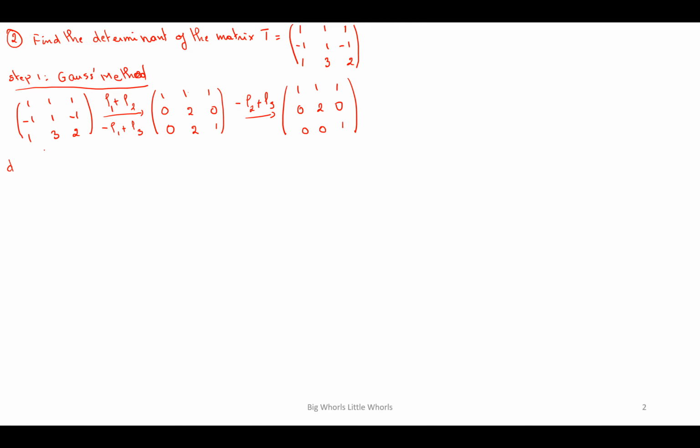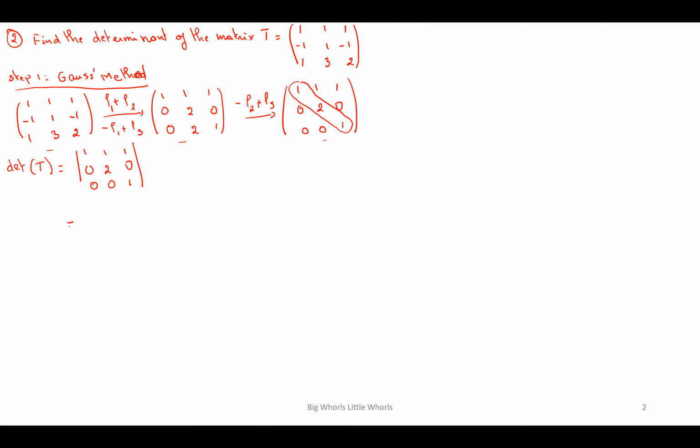So the determinant of the first matrix is the same as the determinant of the second matrix. Okay, so the determinant of T is going to be the determinant of this matrix: 1, 1, 1, 0, 2, 0, 0, 0, 1.